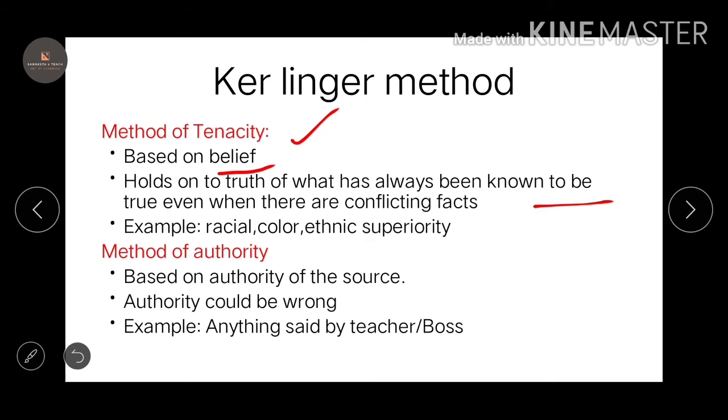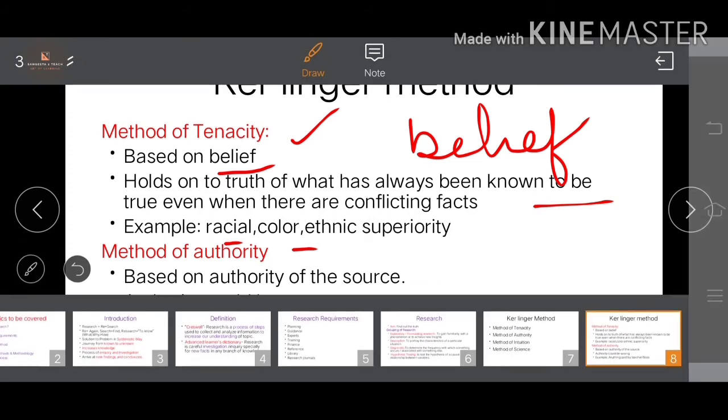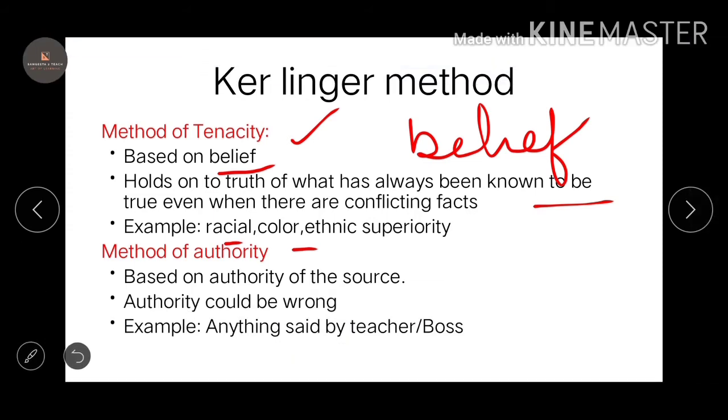So tenacity is nothing but a belief. It can be true, or it can be in conflict with being true. For example, it can be racial, color, or ethnic superiority, etc. This is tenacity. Okay, coming to authority.